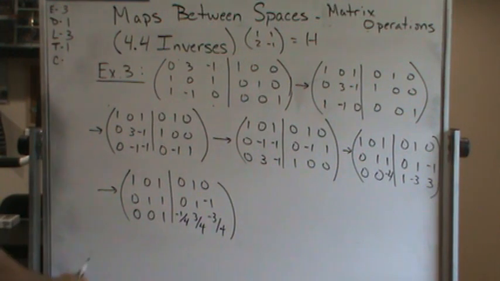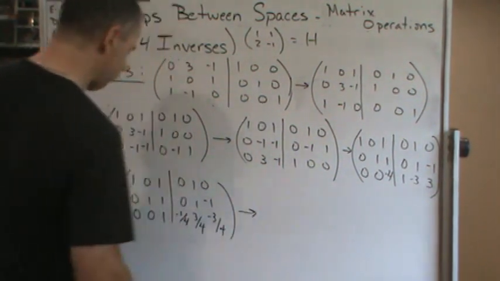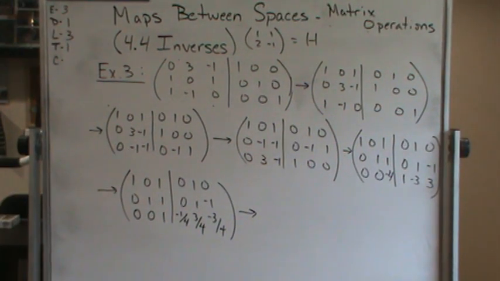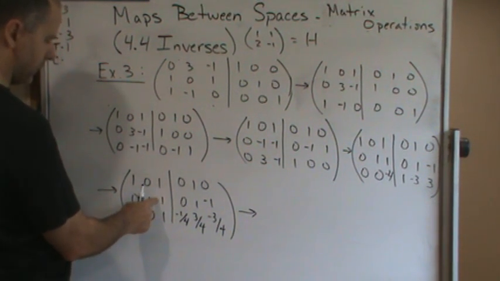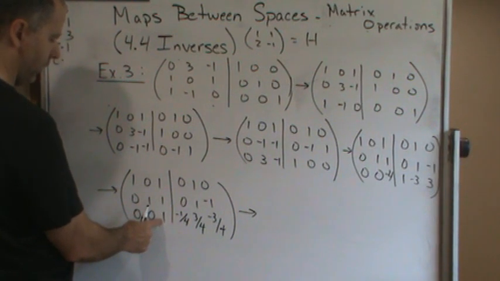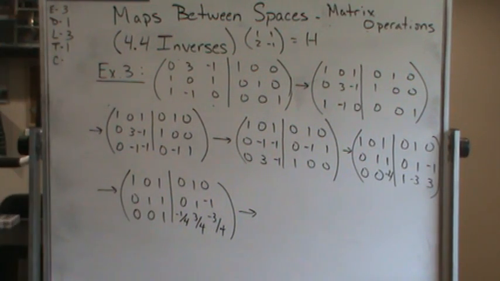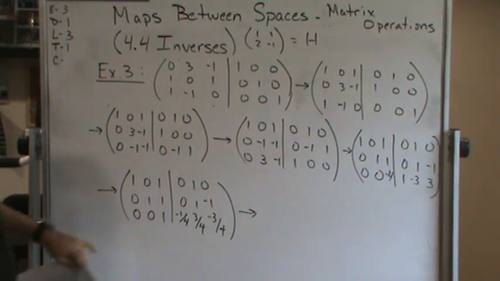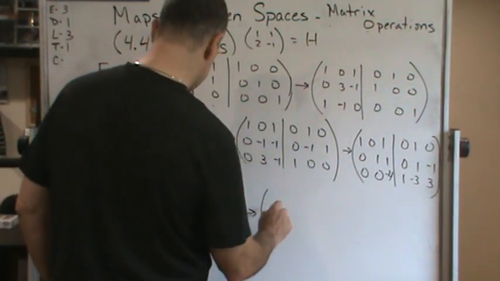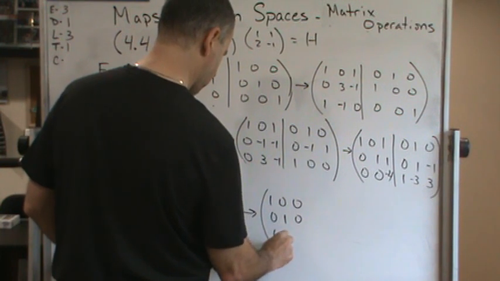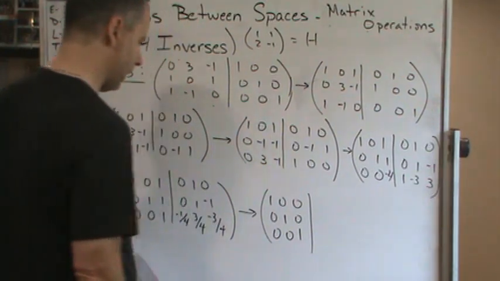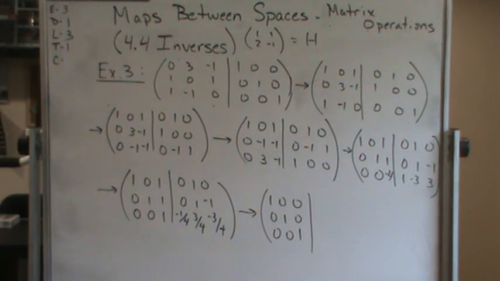The last step is that I've got to get rid of these two 1s here. So I'm going to take negative row 3 plus row 2, and then negative row 3 plus row 1. If I do that, I get my identity matrix on the left, which is what I want.